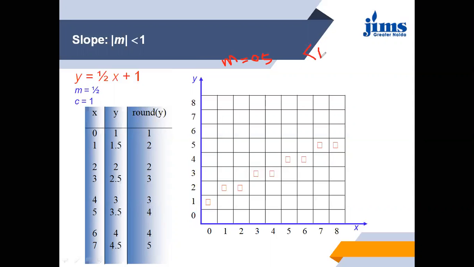So from the equation, when we have to calculate the value of y equals m, meaning 0.5 into x plus 1, when we approximate the value from this term, we will find a floating value, a value that is in decimal.